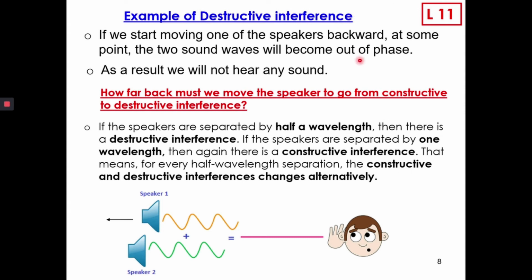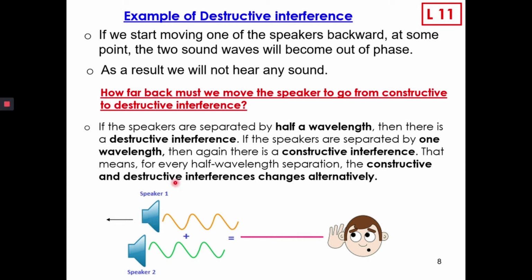For example, we take the same speakers as in the constructive interference, but we move the second speaker backward.